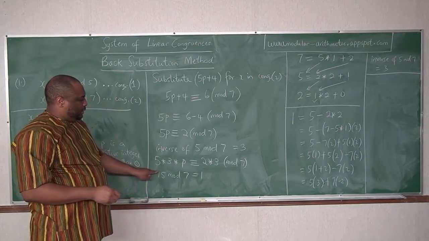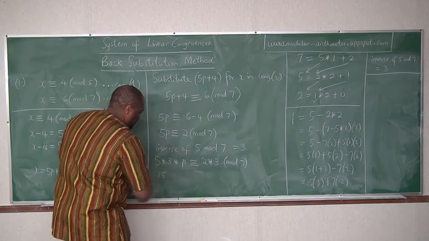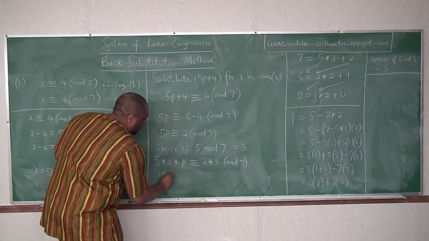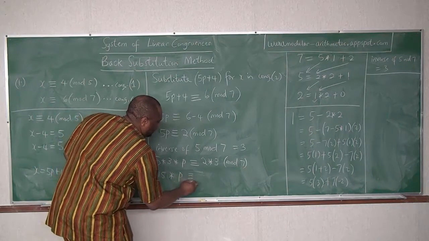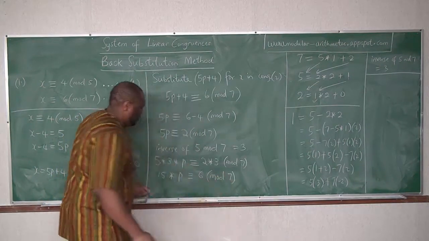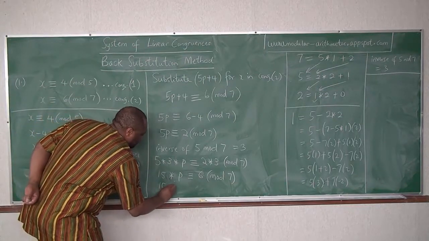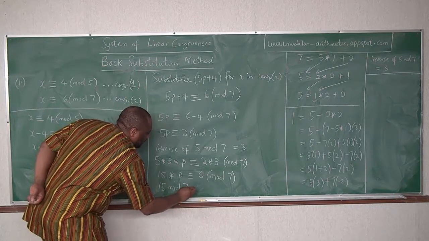Let me show the steps here. So this is 15 times p is congruent to 6 in mod 7. So 15 mod 7 gives us 1.